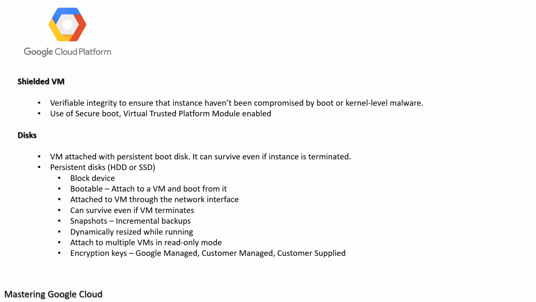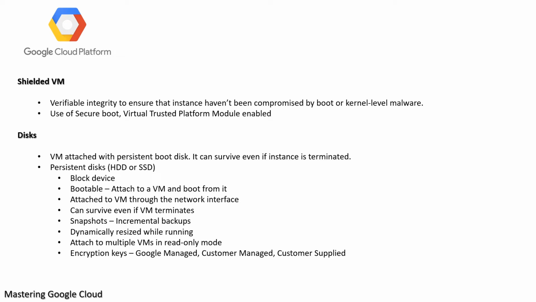So next we will discuss disks. After you have picked your operating system, next you have to pick the disk. Every VM comes with a single root persistent disk that contains the boot image. The disk is attached to a VM through the network interface. It is not physically attached to the machine.